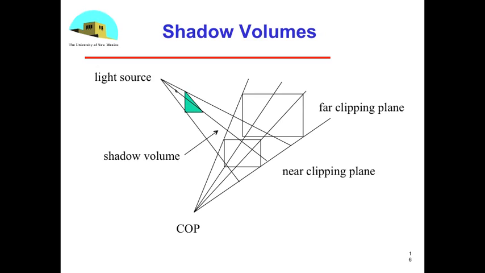This is sort of an infinite pyramid going out from the light source, determined by the shape of this polygon, and everything behind it is in shadow. If I look at this volume intersecting this other volume, everything is composed of flat planes. I couldn't draw this very well, but everything where the intersections meet is determined by flat planes.